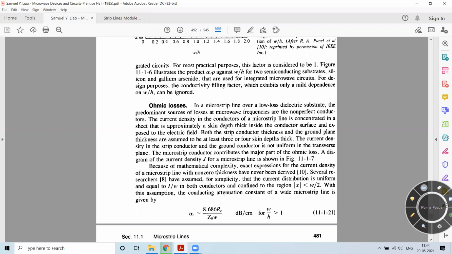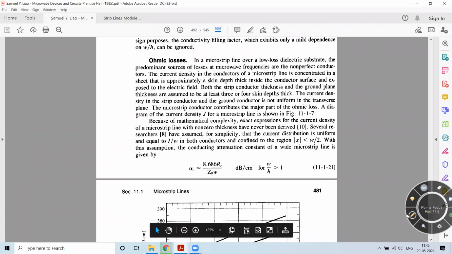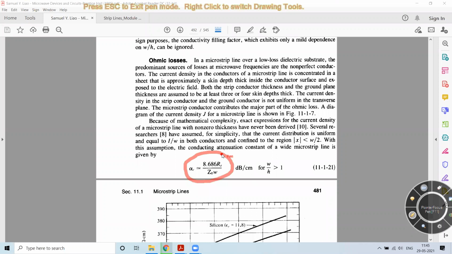There, we have to deal with what is termed the skin effect. Based on that, we can represent the conducting loss or the ohmic loss as alpha c equal to 8.686 into rs divided by z naught into w, and this is specified in terms of dB per centimeter.